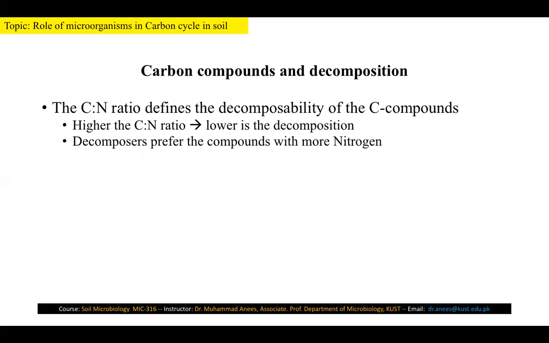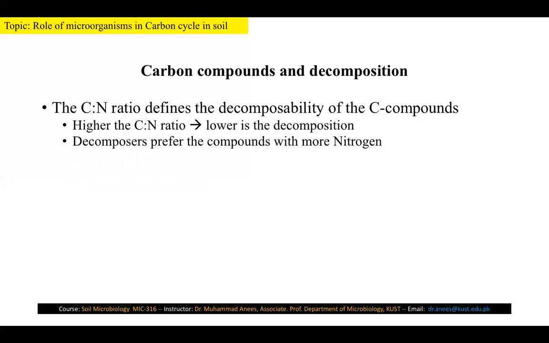The decomposition of carbon compounds depends on the CN ratio. CN ratio defines how much carbon is there for 1 unit of nitrogen. So if nitrogen is high, CN ratio will be low.